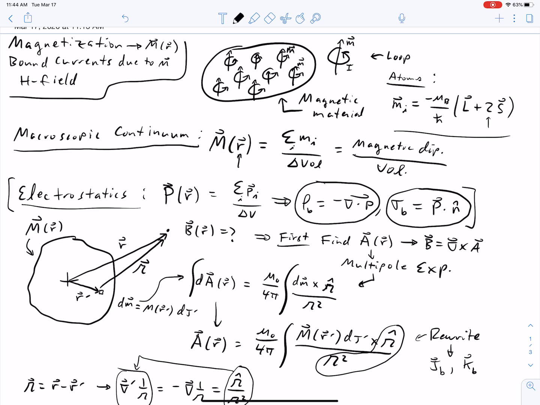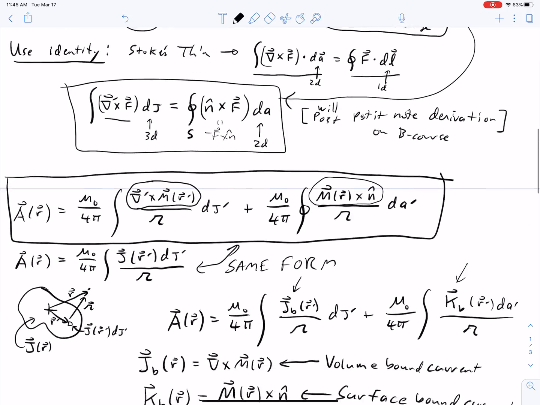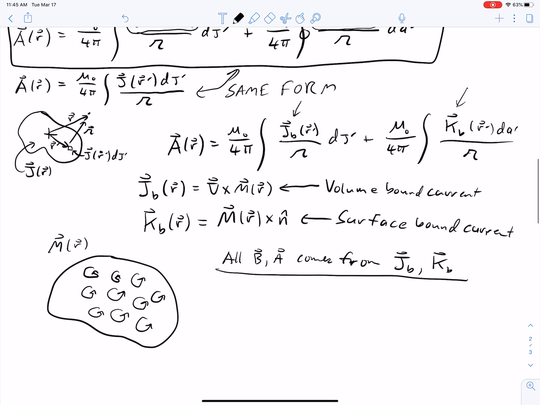The volume bound charge is del dot P, and the surface bound charge is P dot n for an electric polarization P. Now we've just derived the volume bound current J is not del dot M, it's del cross M. And the negative sign is gone, but that's a small thing. And then the surface bound current is M cross n. So it should look very familiar.